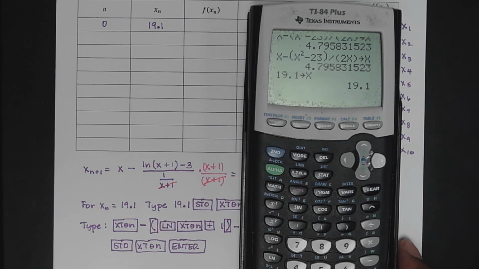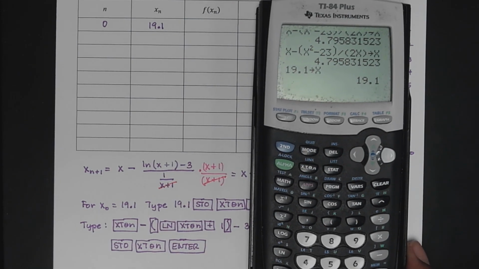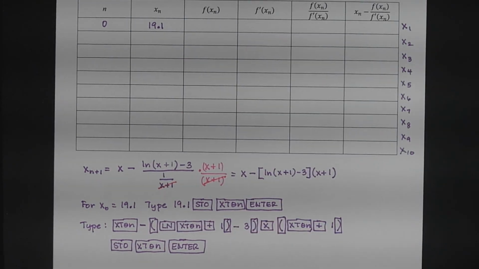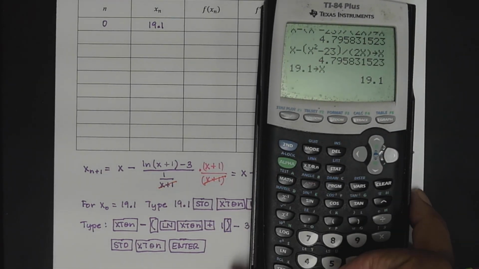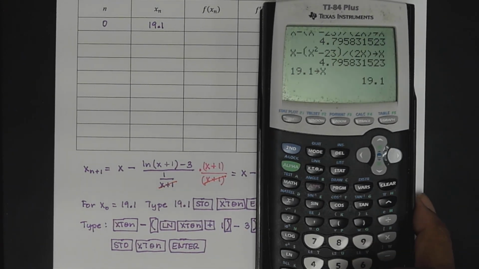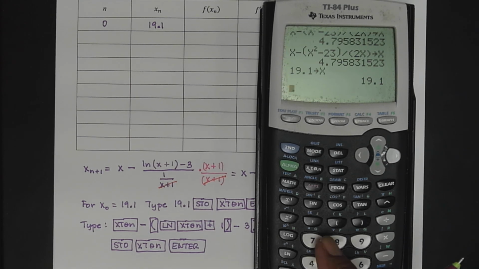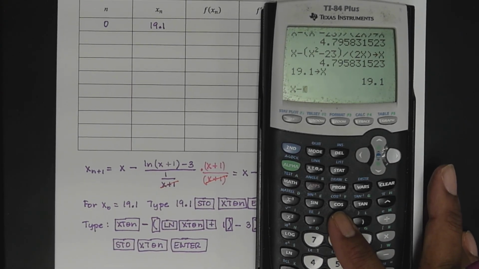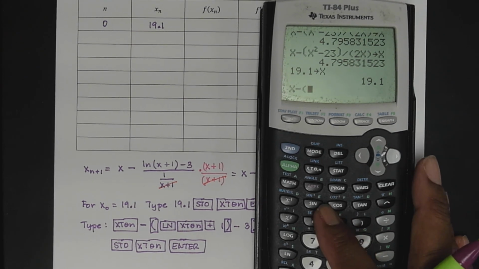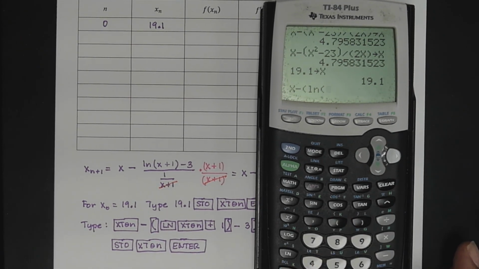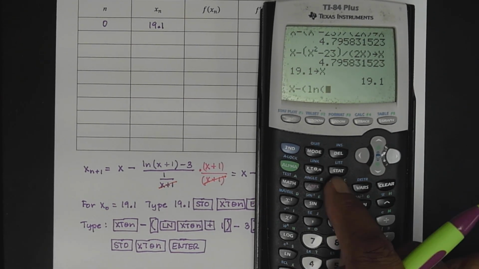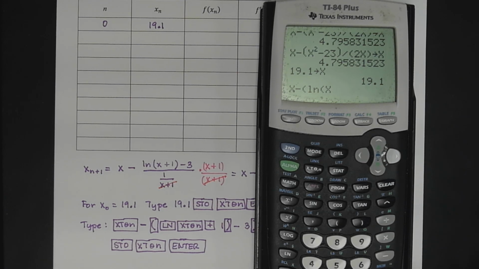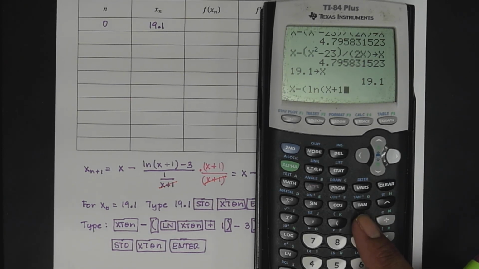So we've got this 19.1 already stored in x. Again, pause the video if you need to copy down these keystrokes. Next, we'll start off by pressing X,T,theta,n for the x, minus, and then left parentheses, press the ln key, and then X,T,theta,n for your x, plus 1, close parentheses.